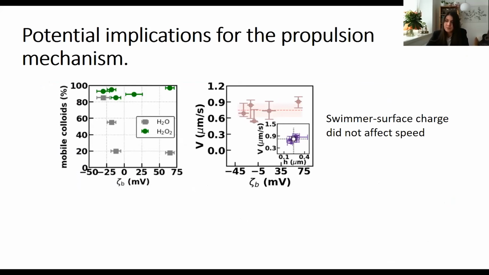So going back to the experiments where we change the zeta potential of the particles, I didn't show you this before, but what we find when it comes to the speed of the particles is that not only the height remains constant, but also the speed of the particles remains constant. So the swimmer surface charge does not affect the speed.